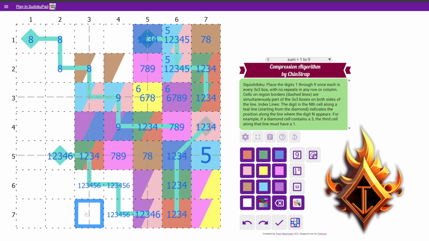This has to be a high number, doesn't it? Or well, it has to be 7, 8, 9 specifically, but it cannot be dark purple. It cannot be brown.